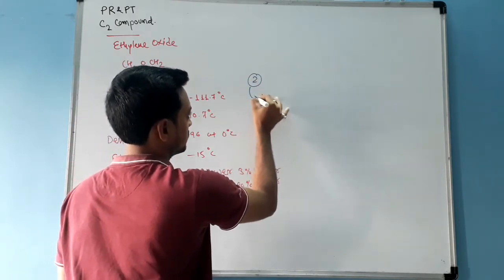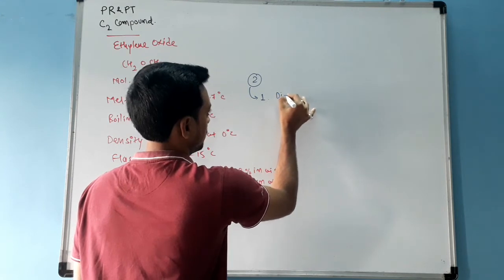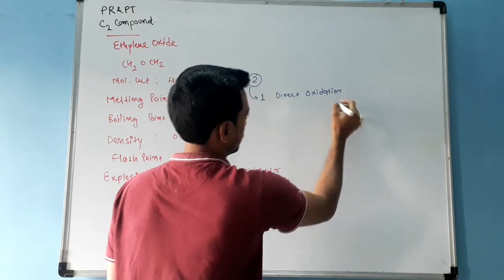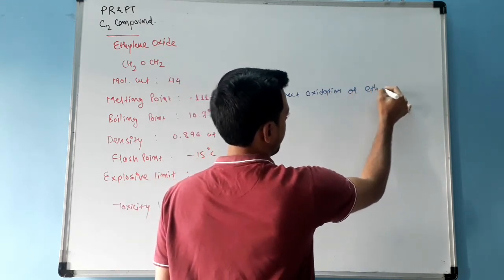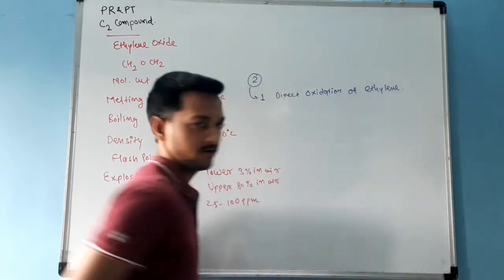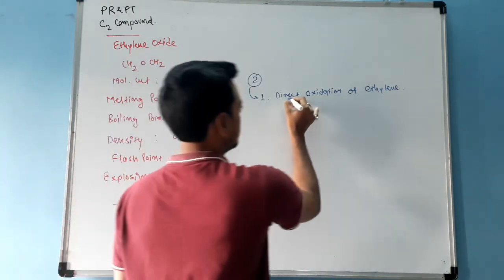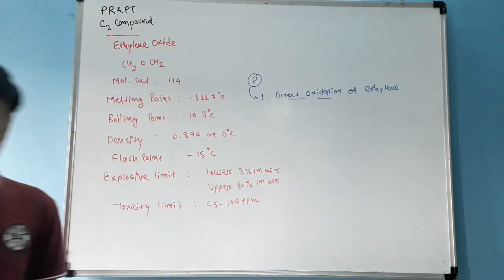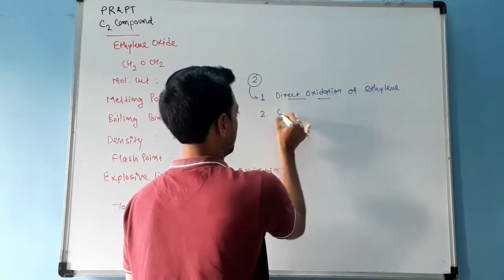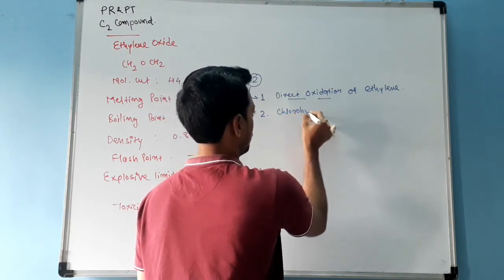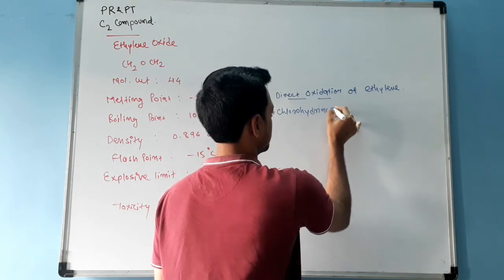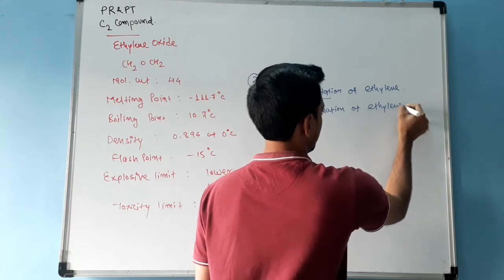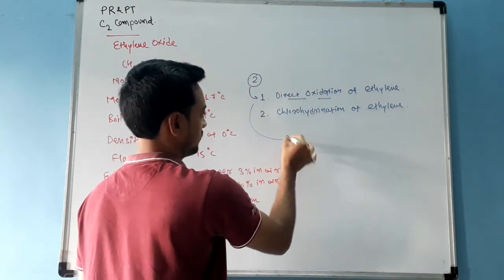First one is direct oxidation of ethylene, which is in our syllabus, and the second one is chlorohydrination of ethylene.